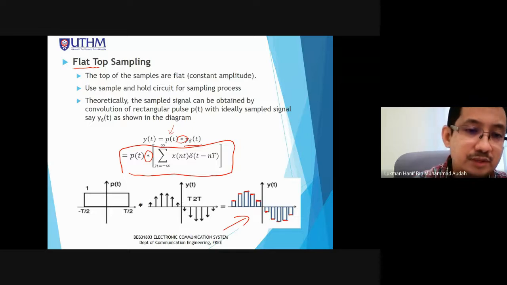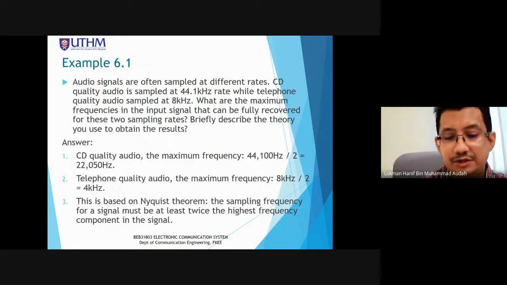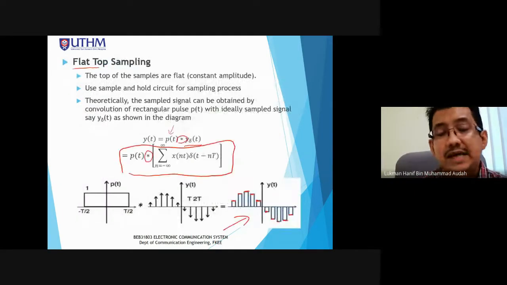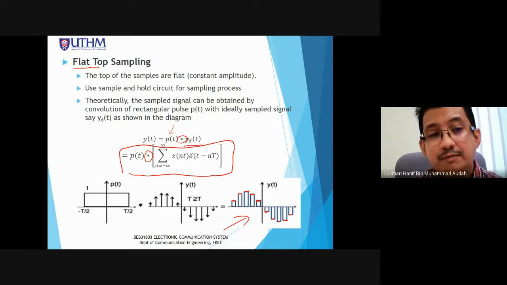Okay. And we have seen an example about sampling. Sampling, we also ask you in your assignment, dalam assignment you ada berkenaan dengan sampling process.